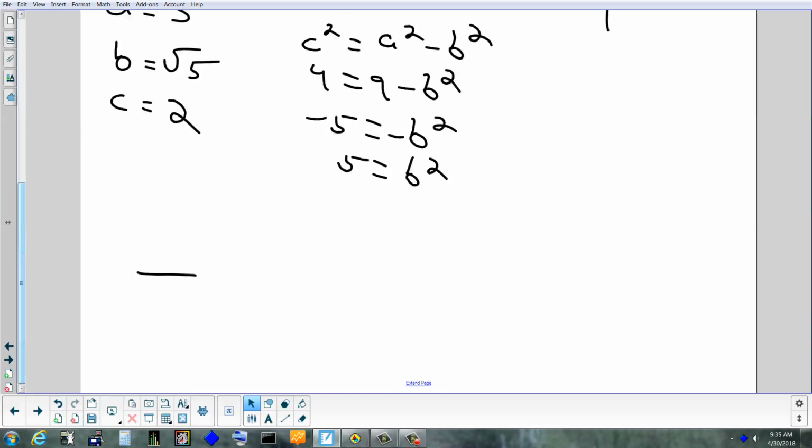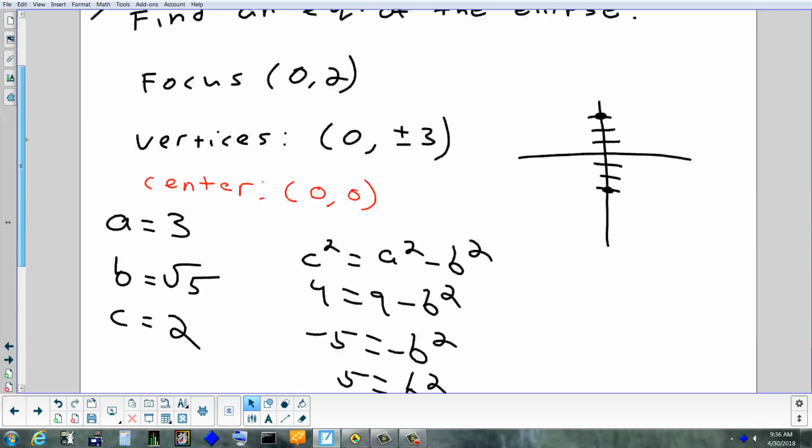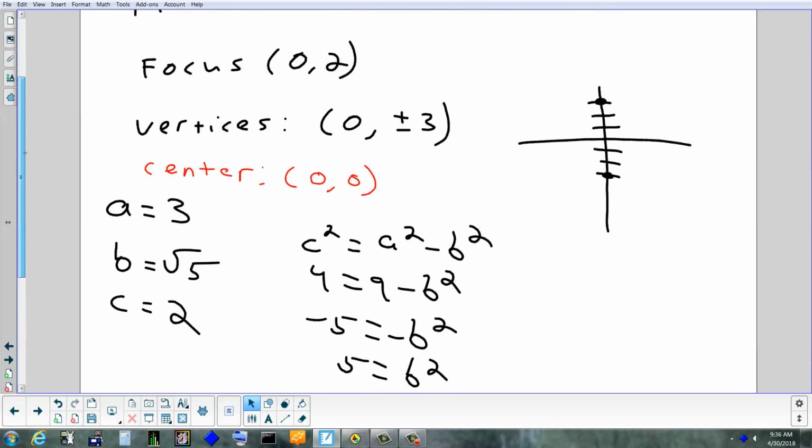Okay, so let's start off with our template, and let's fill in what we can. Is there anything there that I can fill in that stays the same for every single ellipse that we do, no matter what numbers are up above? x squared and y squared. x squared is always first, y squared is always second. Yep, and it's always equal to 1. Now, we have to decide where to put a squared and b squared. Where is a squared going to go? Under which letter?